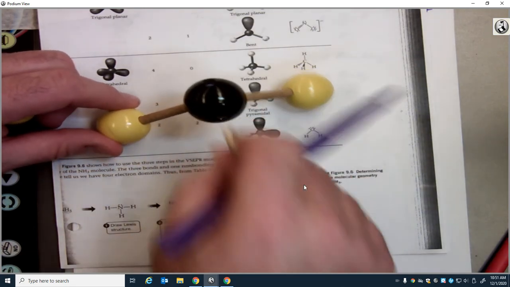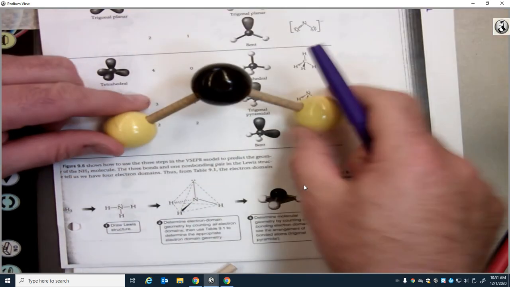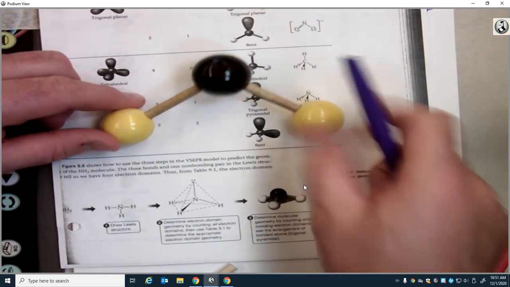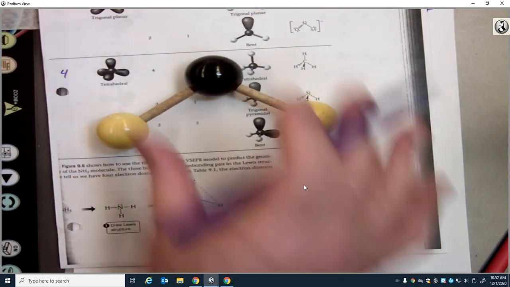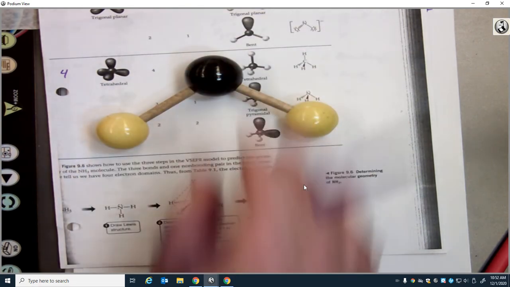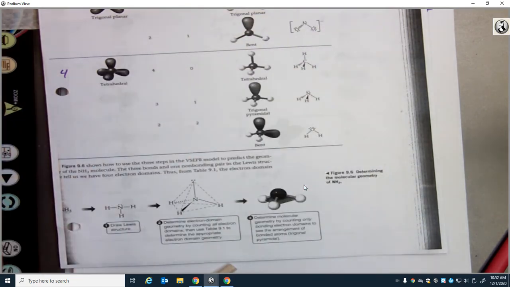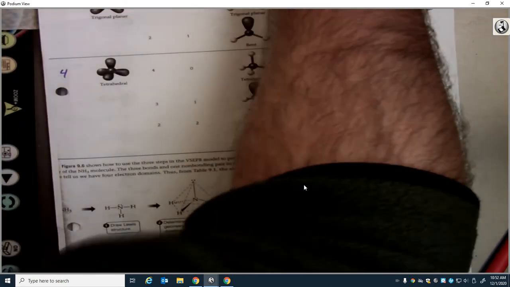If we take this one off, these electrons are still here, but now we have bent. So you can see how those domains are affecting these different shapes. Hopefully that helps and you can see it. You're going to play with this in the lab some.